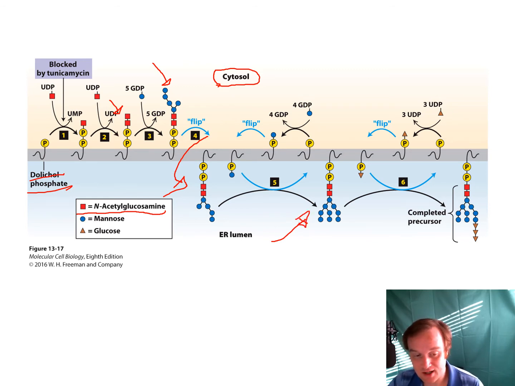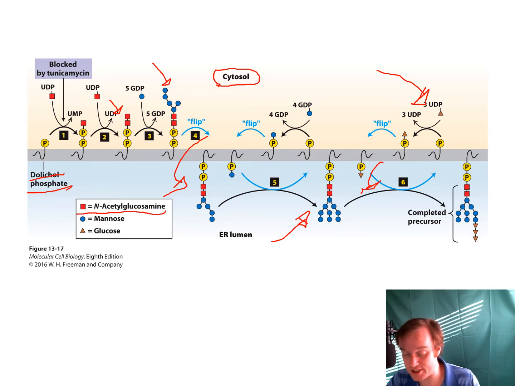You can also see this UDP up here. We have a glucose molecule that is attached to those dolichol phosphates, and they flip to the inside.